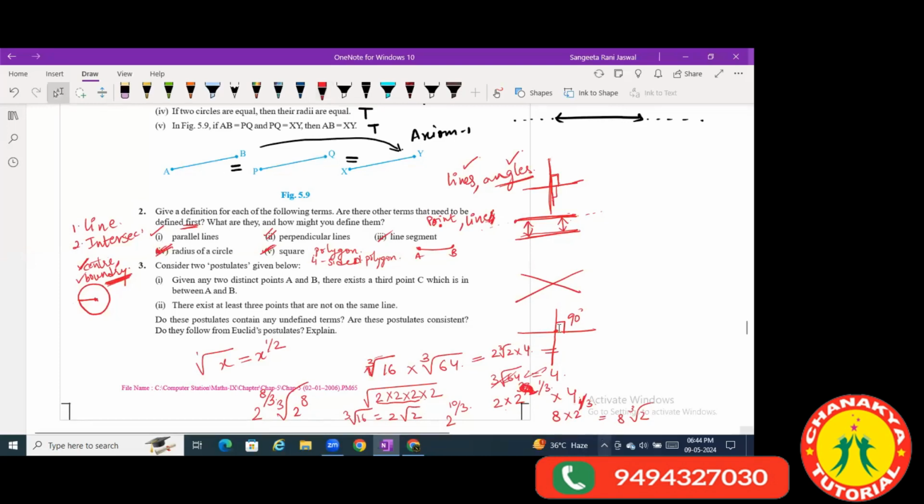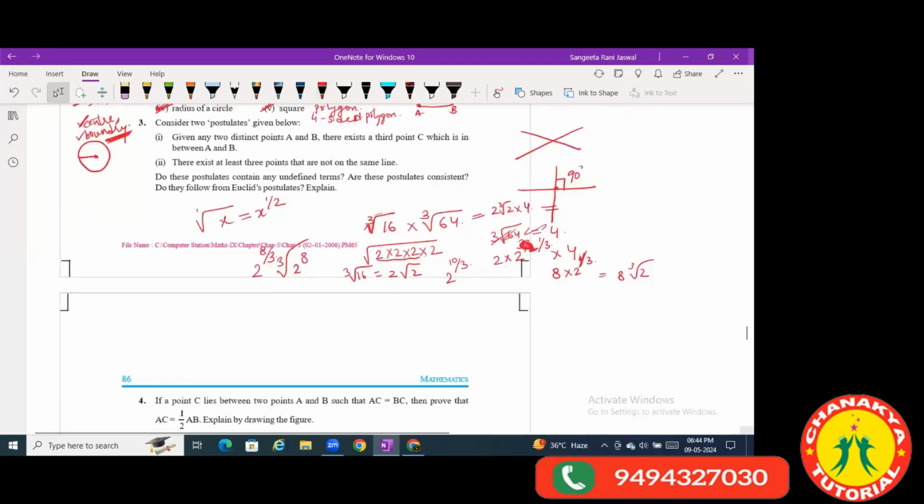Okay, let's do it properly. Just a second. We'll try like this. So we have got this as 2 into cube root of 2 into 4. So this is 8 cube root of 2. Okay, so cube root of 2 is 1/3 of the power.